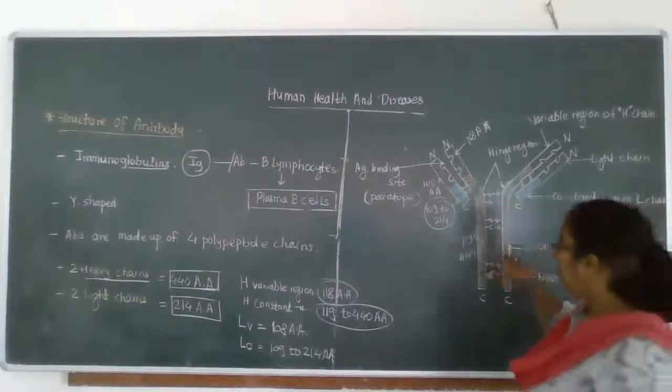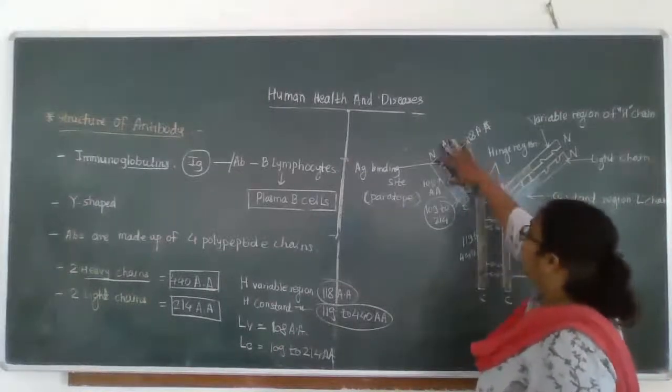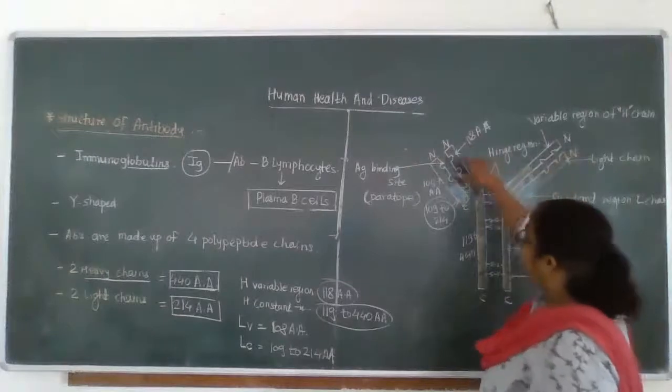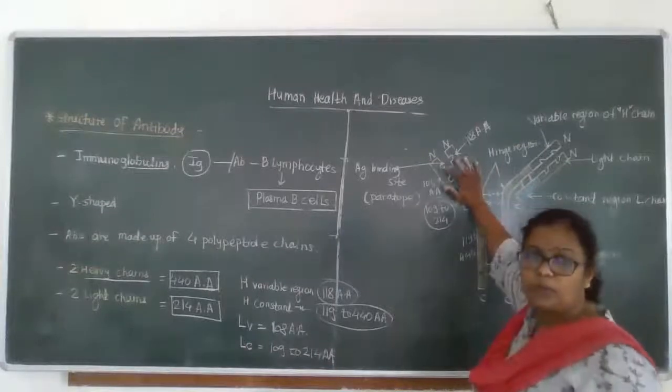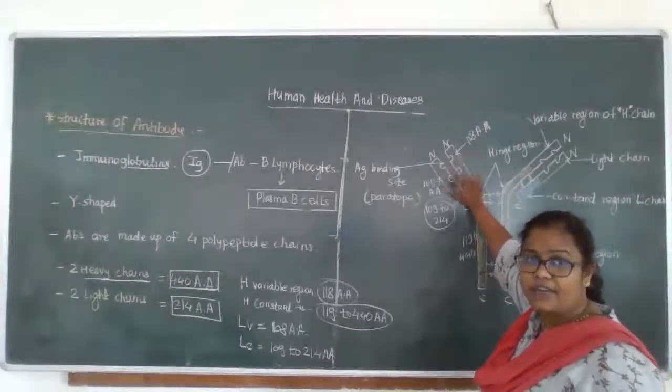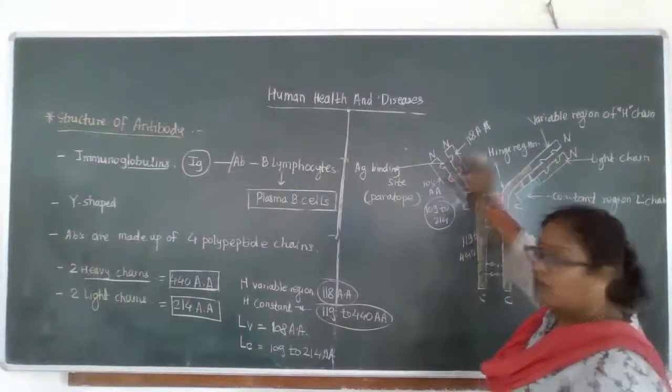Both the heavy as well as light chain have a constant region and a variable region. At the variable region of both the heavy as well as light chain there is the antigen binding site to which the antigen has to bind.